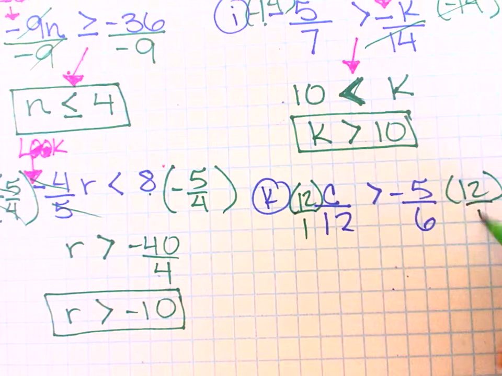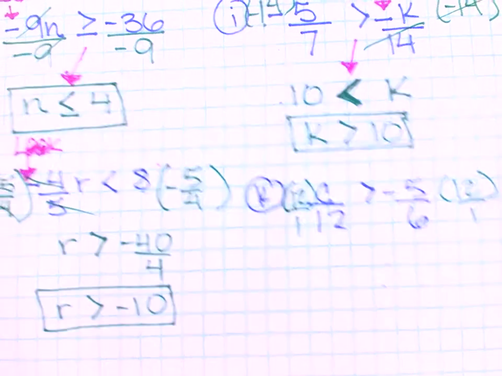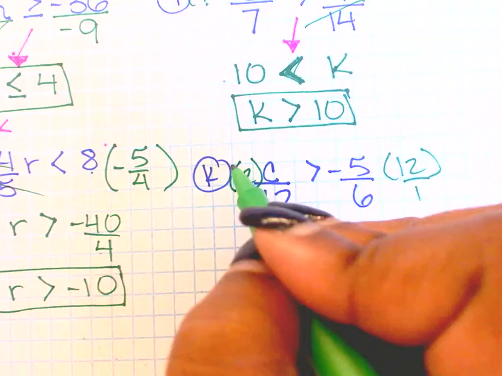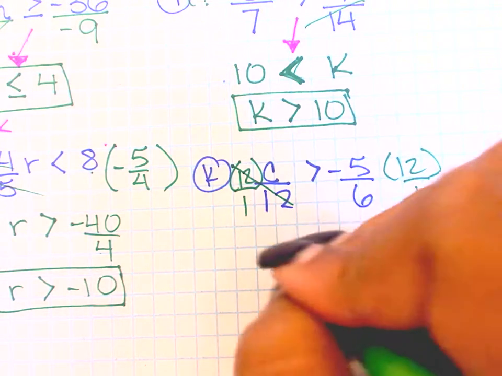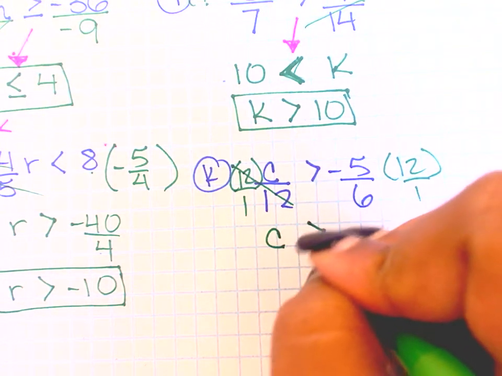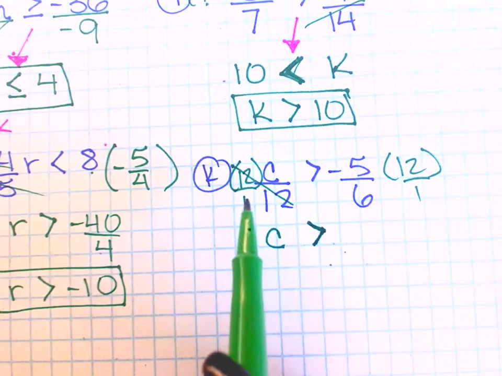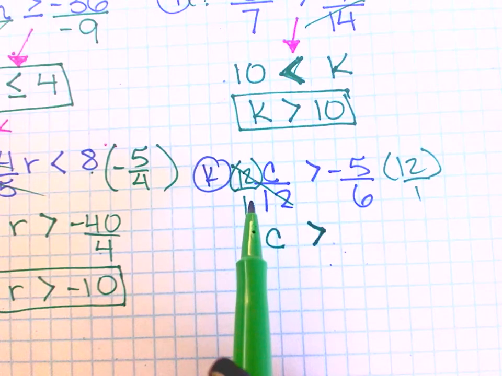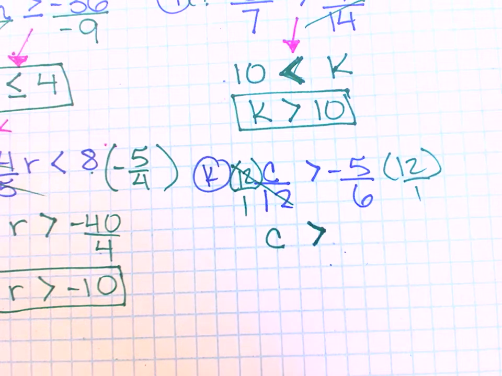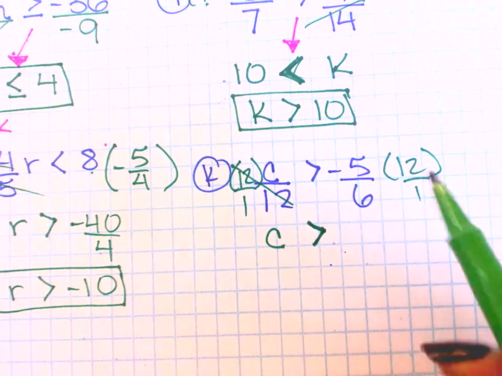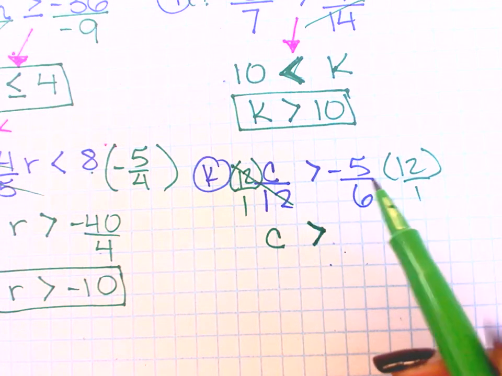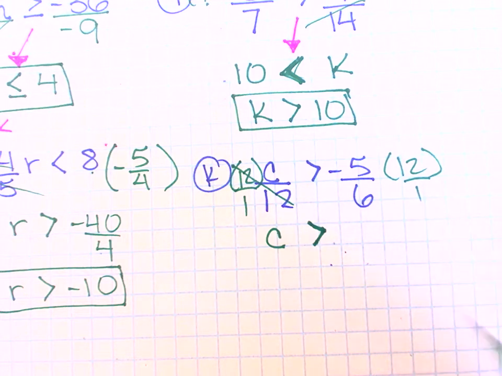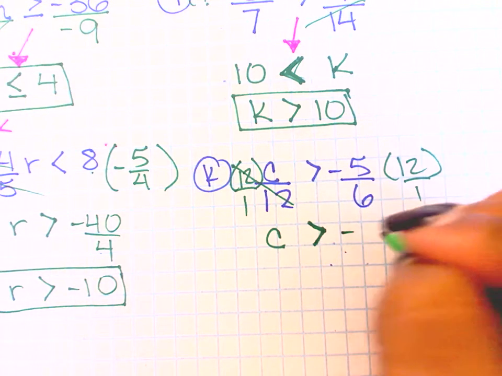It's like you're saying 12 over 1. 12, 12 cancel. I'm left with C. My sign does not need to change because I did not multiply or divide by a negative to get the variable by itself. It's a positive 12. So then negative 12 times 5 divided by 6 is negative 10.